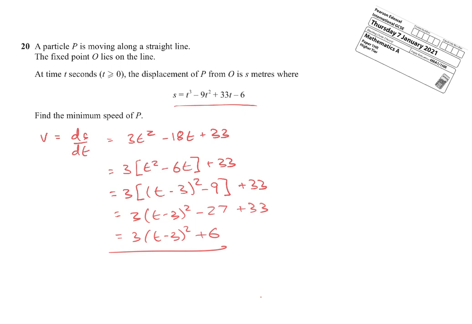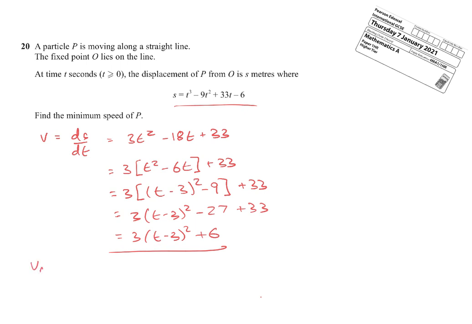The reason I've done this is I want this to be as small as possible. For this to be as small as possible, this bracket has to be equal to 0. If this is 0, 0 squared is 0 times 3 is 0, so my answer will just be 6. So to make this as small as possible, I'm going to make t equal to 3.